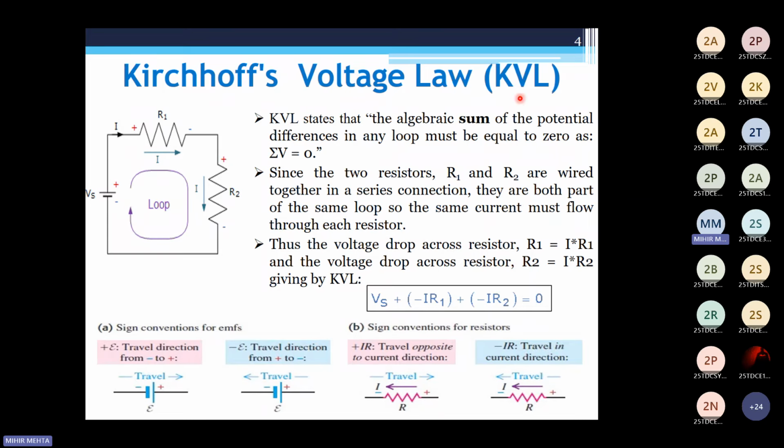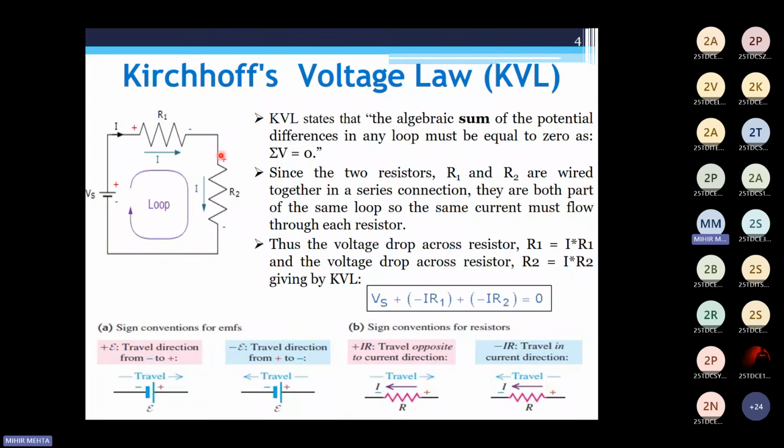Now, when we talk about KVL, that is Kirchhoff's voltage law, we know that the supply voltage is equal to the voltage drop in a particular circuit. Here, the voltage being supplied is only by one source, that is Vs. But when we talk about the voltage drop, there are two voltage drops happening in this loop. One is across your resistance R1, and similarly there is a second voltage drop across your resistance R2.